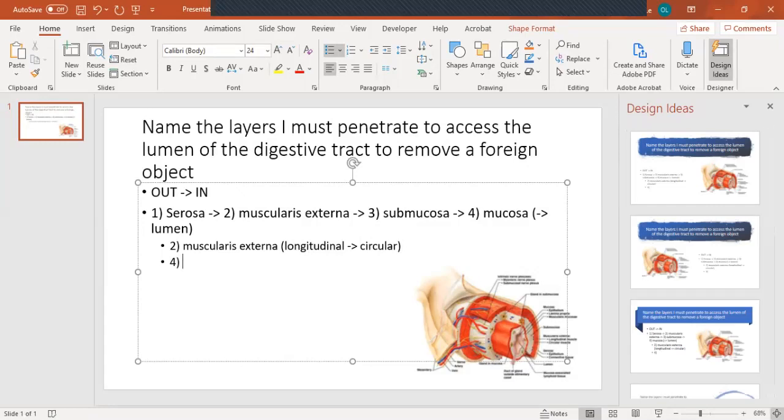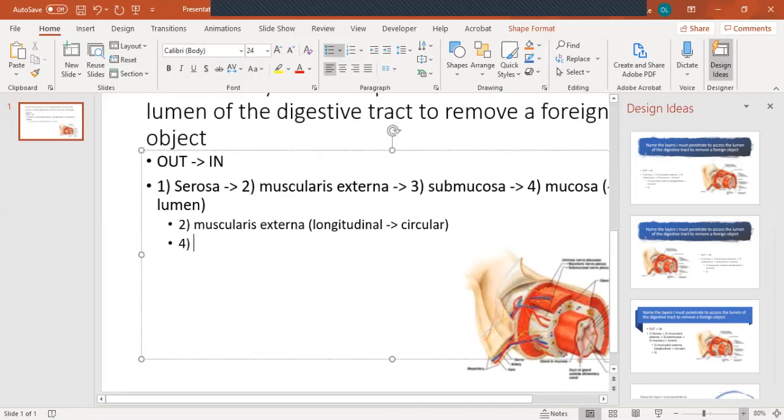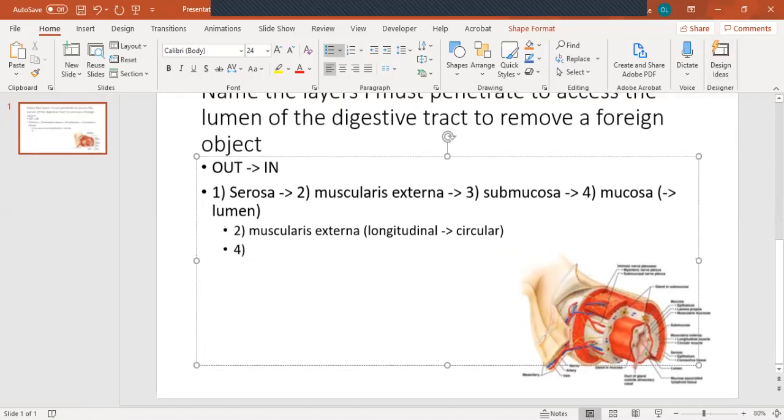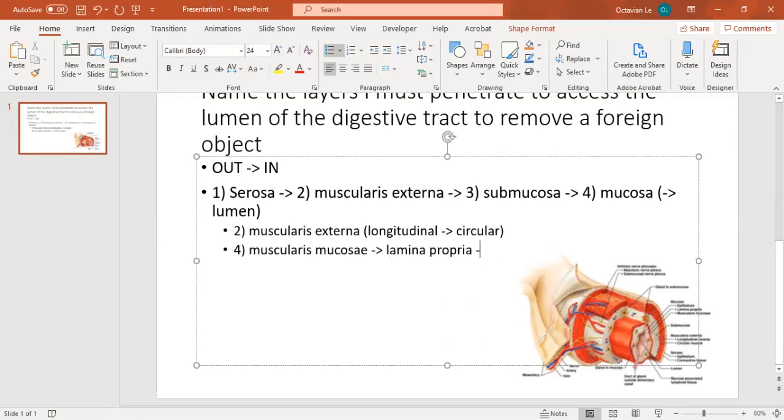So the order in which you would have to penetrate begins from, let me zoom in for you on this. It's going to begin from muscularis mucosa, penetrating the lamina propria, and then the last one you would cut would be what's known as epithelium.